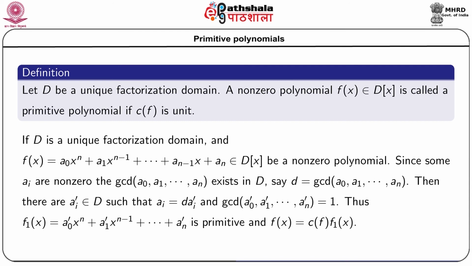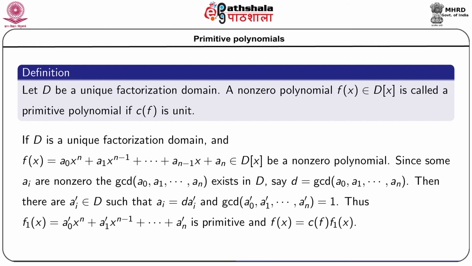Then some ai are non-zero, and so the GCD of a0, a1, up to an exists in D. If d is the GCD of a0, a1 up to an, and ai is equal to d times some ai dashed for all i, then we have the GCD of a0 dashed, a1 dashed up to an dashed is equal to 1.